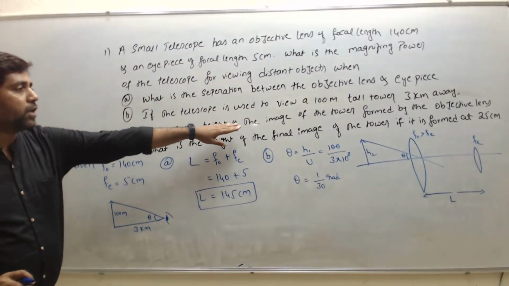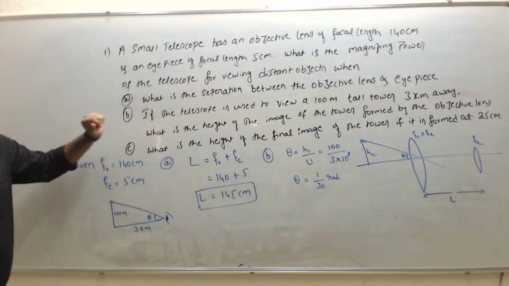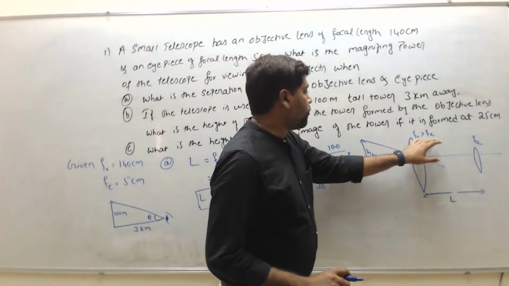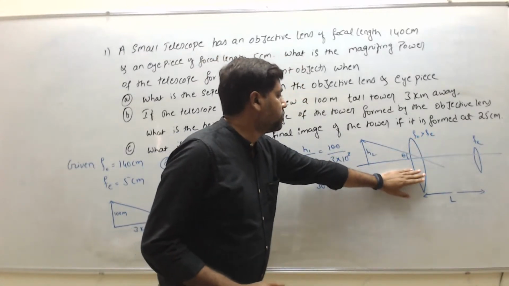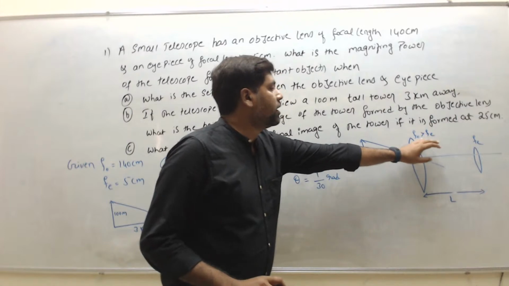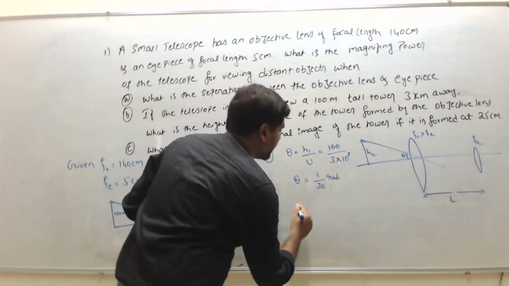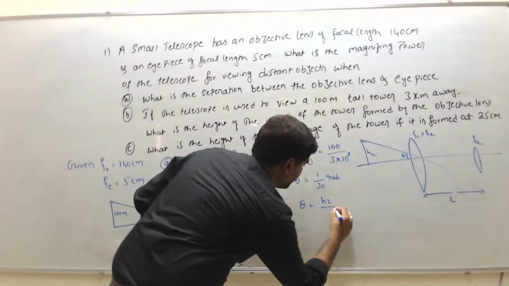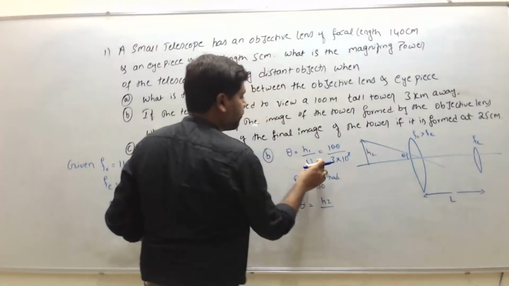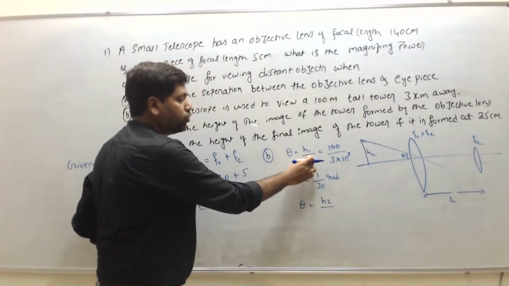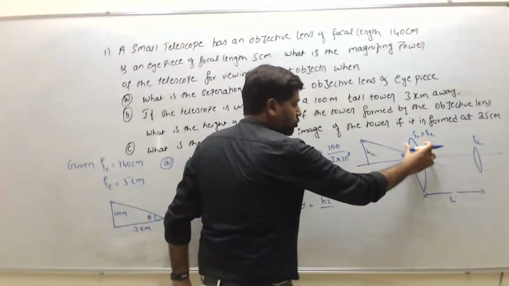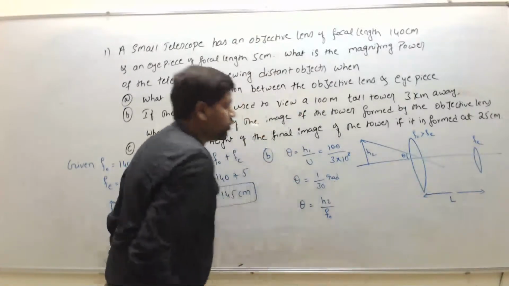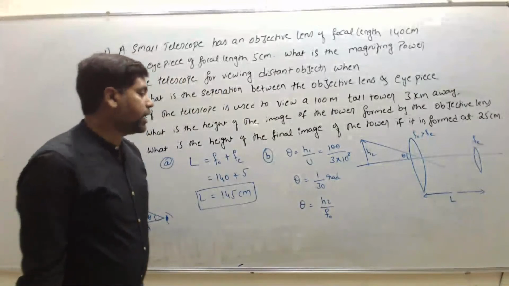The object is at the focal length of the objective, fo. So in the second case, theta is equal to h2 divided by the distance. For the normal eye I took u. If we view through the objective, then the distance becomes the focal length of the objective, that is h2 divided by fo.